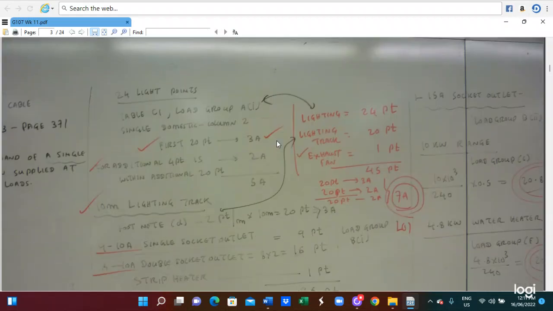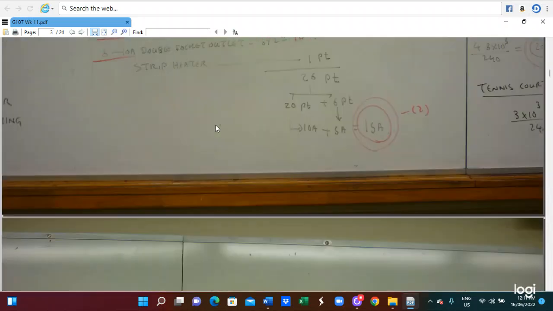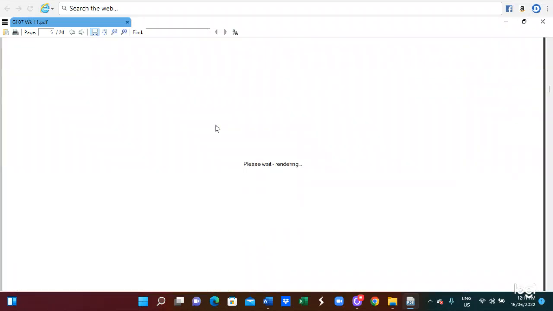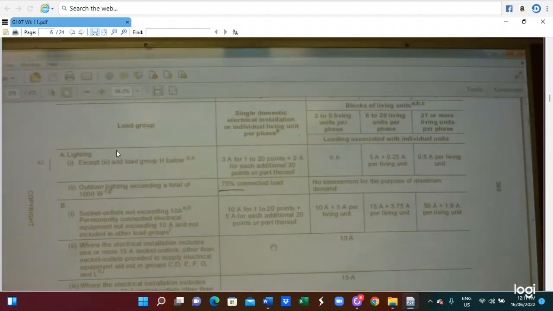So in this case, we have to find out the 24 lighting points. In this case, Table C1, load group A1. So here, Table C1, C2, C3. This is the load group, the Table C1 load group. You can see the load group here: 3 ampere for 1 to 20 points, and 2 ampere for each additional 20 points.